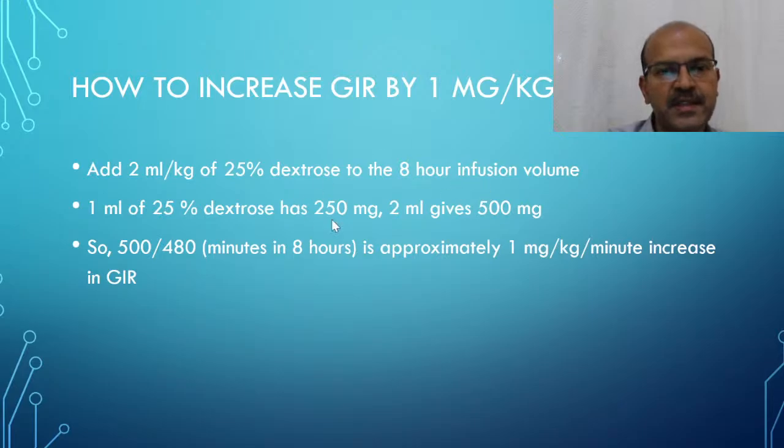And because there are 480 minutes in 8 hours, if you calculate 500 milligram divided by 480, roughly it increases by 1 milligram per kilogram. So remember that here we are multiplying by kilogram, so 2 ml per kilogram. So it will increase by 1 milligram per kilogram per minute. So these are some simple tips on how to calculate in the NICU.